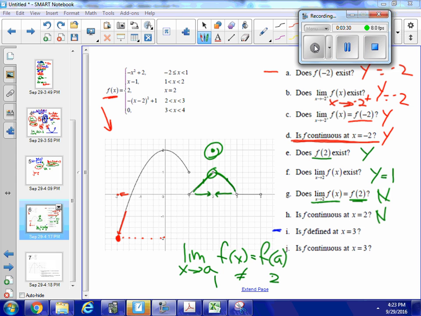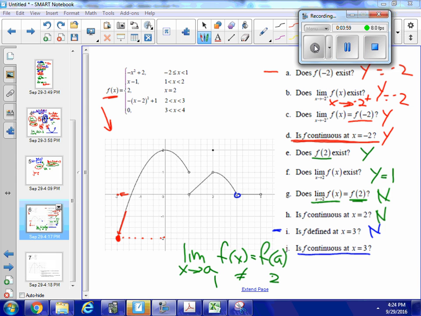Is my function defined at x equals 3? Well, let's erase this here. I'm looking at f of 3, and I see an open circle here, but I don't see any points either above it or below it. Since I'm assuming that I have the whole graph, I would say no, the function is not defined at 3. So, is it continuous at x equals 3?